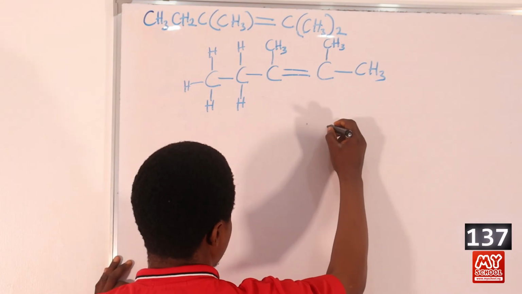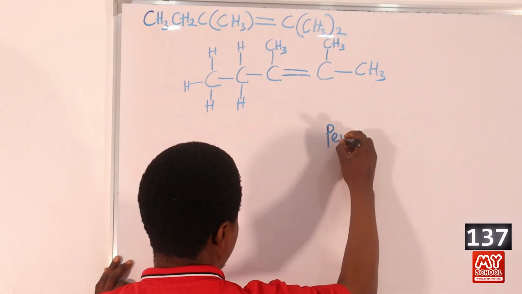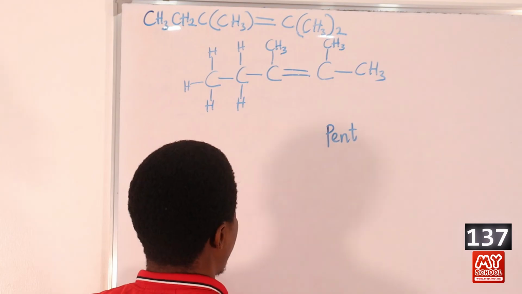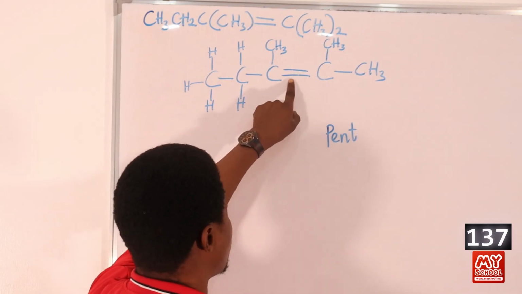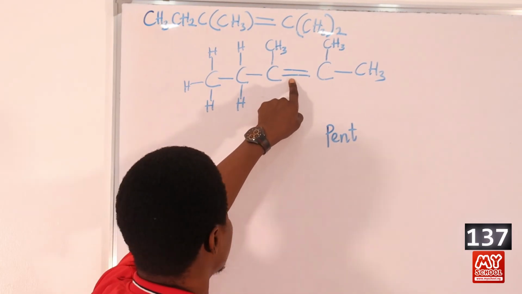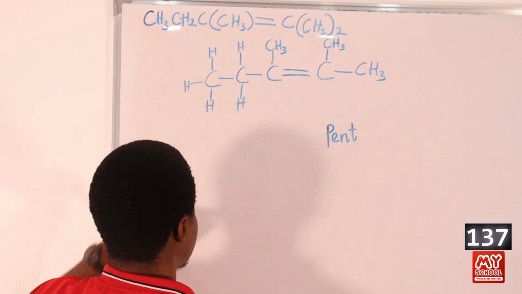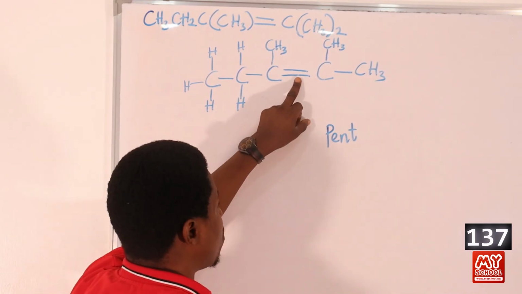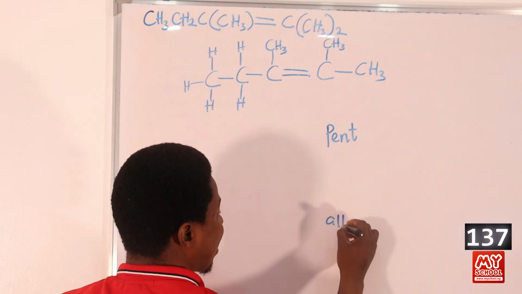So we'll form that first. We have pent because it has 5 carbon atoms. But don't forget, we have a carbon-carbon double bond here. Because it is a carbon-carbon double bond, that means it is what? Alkene.